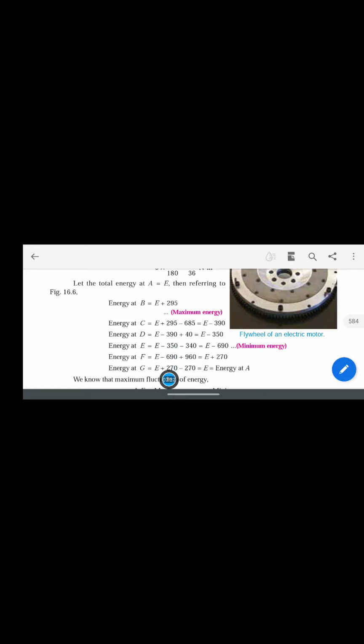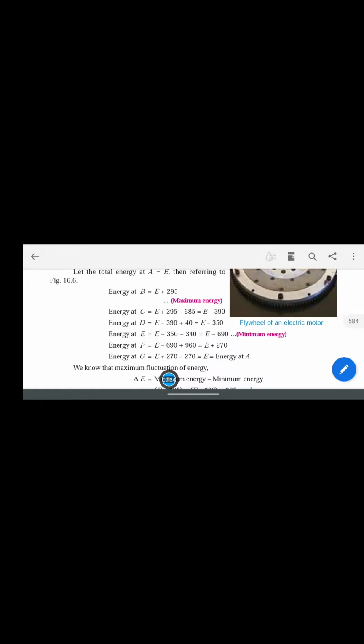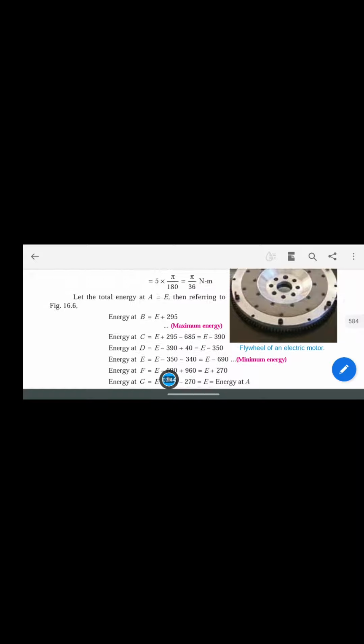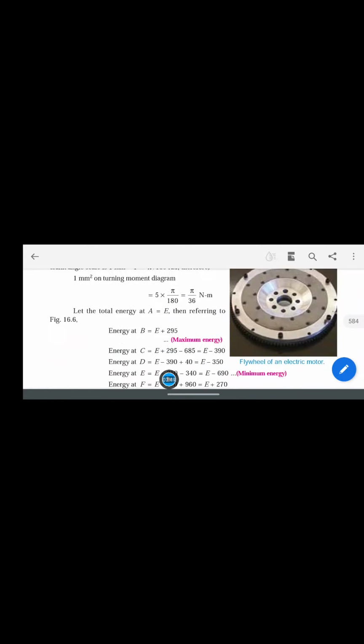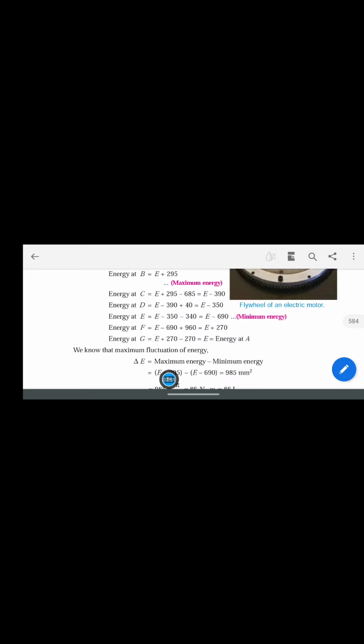So like that, until point G, we need to calculate all the energies. Please remember, in any multi-cylinder engine, in the calculation of energies at different points, you need to get the energy at the last point. So what is the last point in this diagram? G. So energy at G is equal to, at last we have got the capital E value.